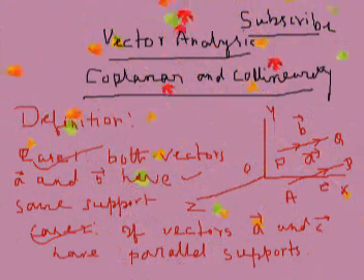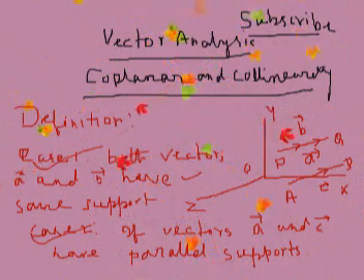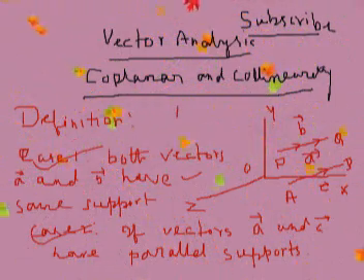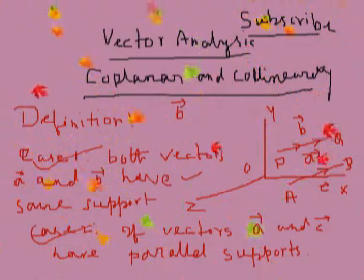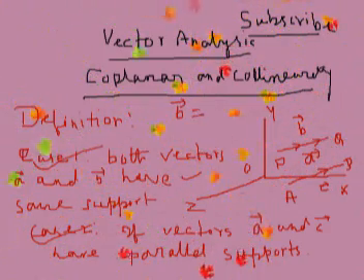So how can we represent any vector? Here B can be represented with respect to A for the collinearity case.